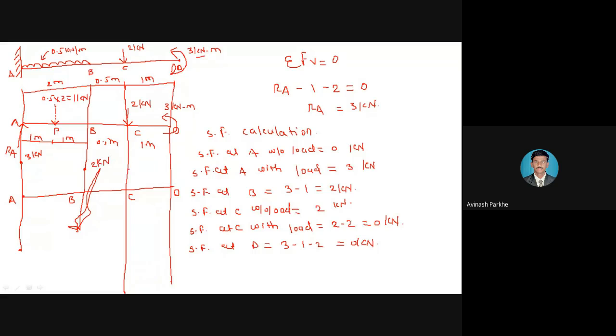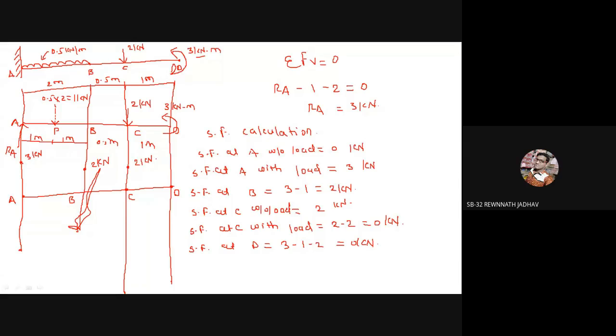SF at point C without load, again 2 kilonewton. SF at C with load, 0. SF at D with load, 0. That means in portion C and D, there is no SFD. So how to draw the portion A to B, inclined line or the parabolic curve? Inclined line.